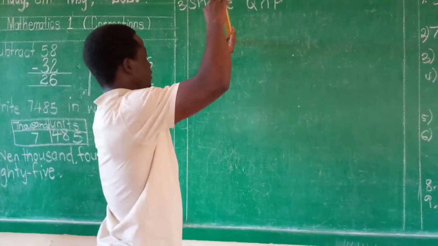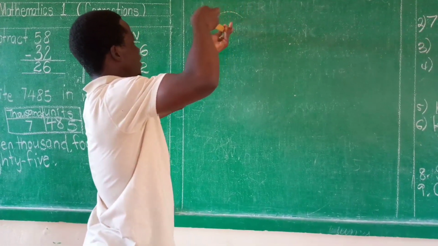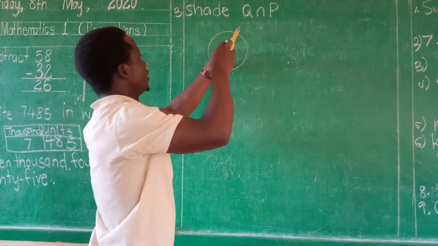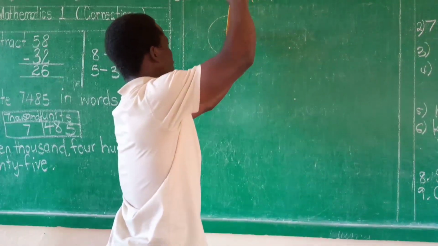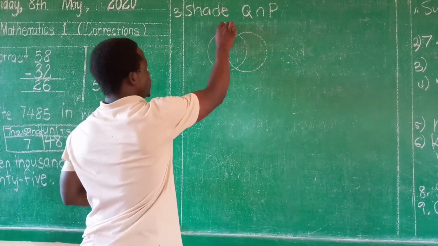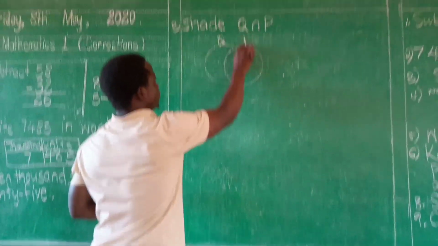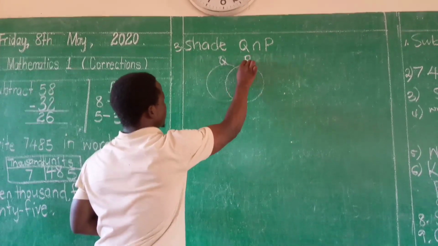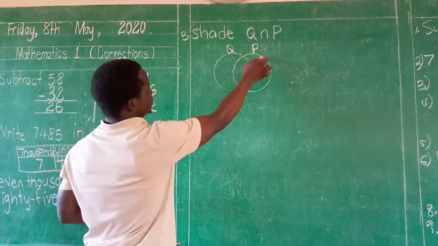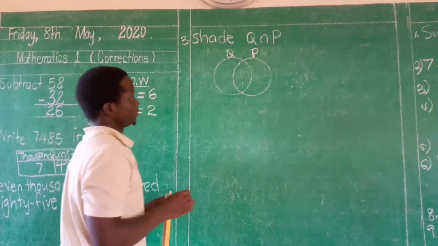Sorry for that. Here's our Venn diagram. Here is our set Q. Then here is our set P. Set Q is the whole of this, and set P is the whole of this.